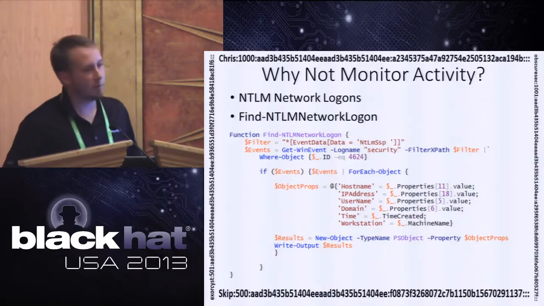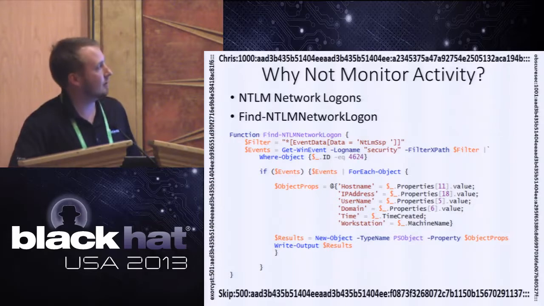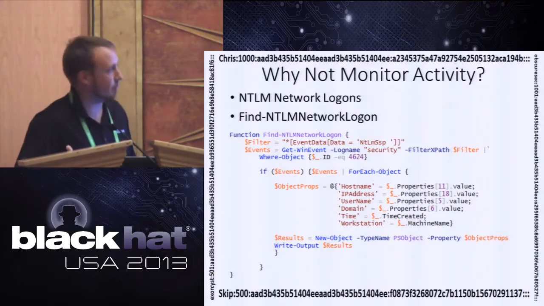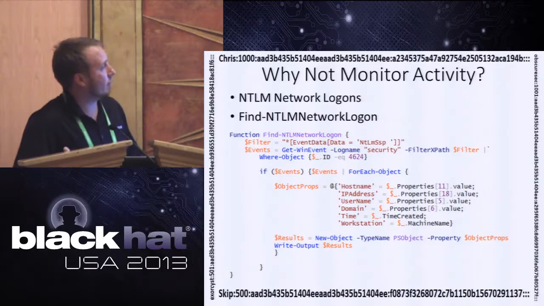And if you walked around the vendor booth area, there are actually several products that are doing similar things that can all be accomplished with relatively simple PowerShell scripts. So what we're looking for specifically is NTLM network logins.